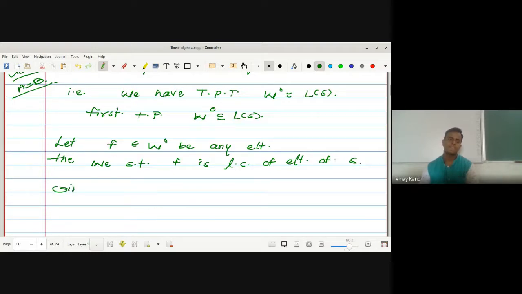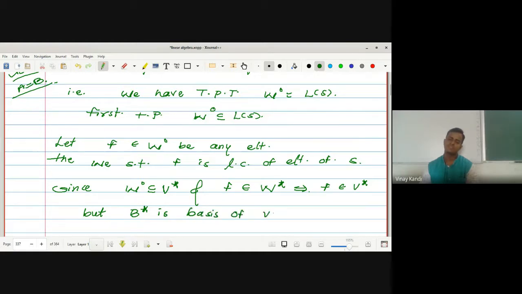Since the annihilator of W is a subset of V star, and f belongs to the annihilator of W, this implies f belongs to V star. Is it correct? But B star is the basis of V star.